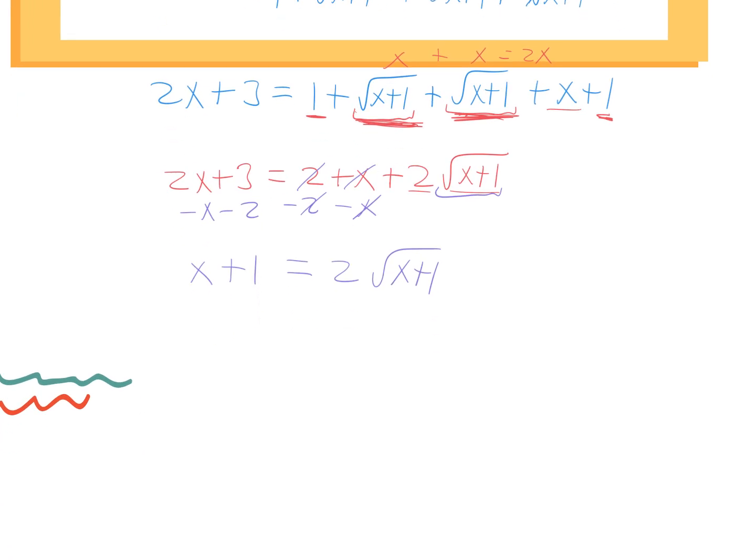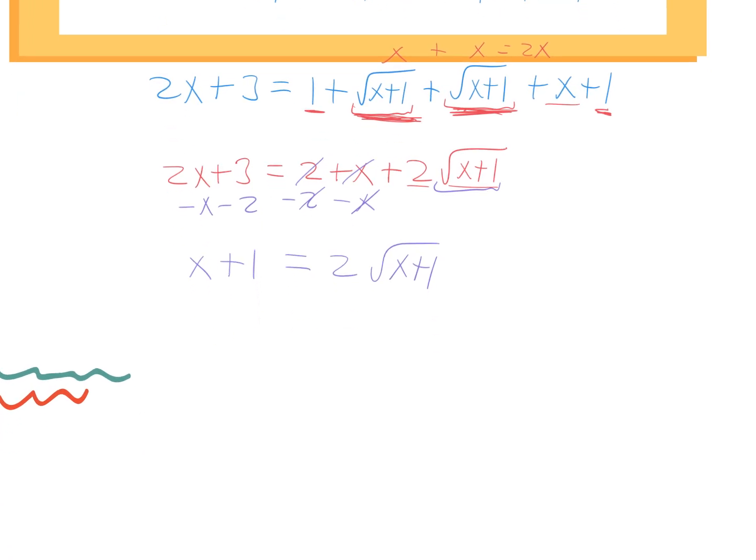All right. Now, from here, you can do it one of two ways. It's really a preference thing. If you want the radical completely by itself, you can divide both sides by 2 to get rid of that number out front.